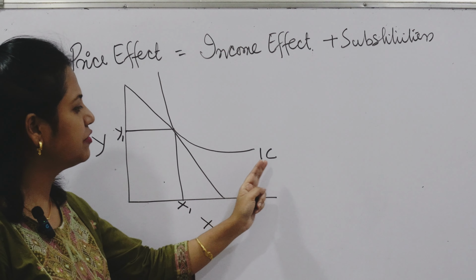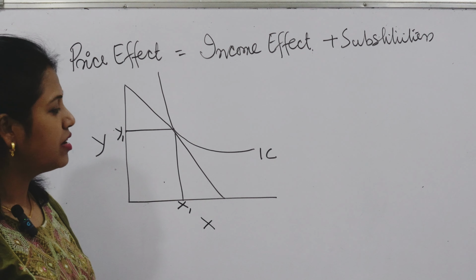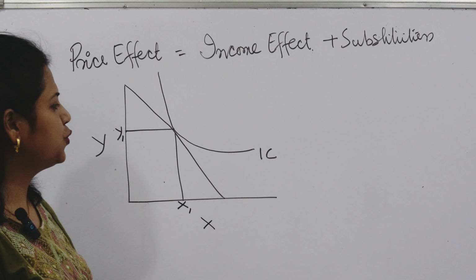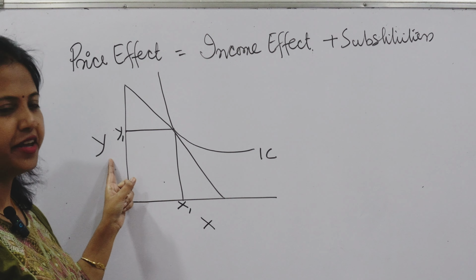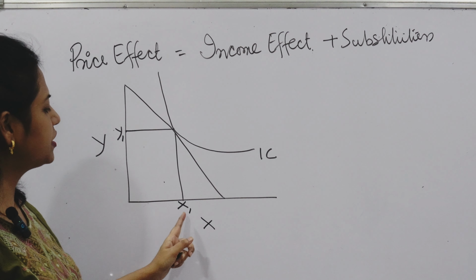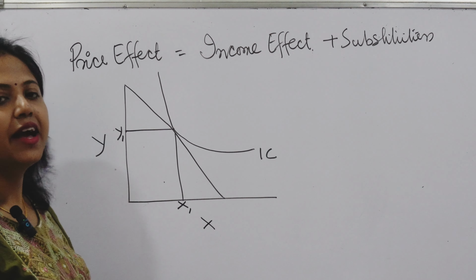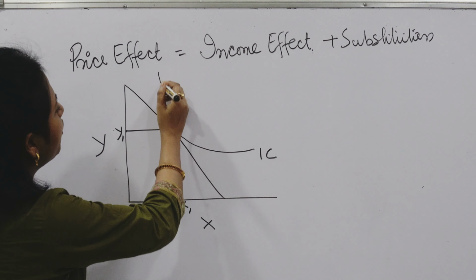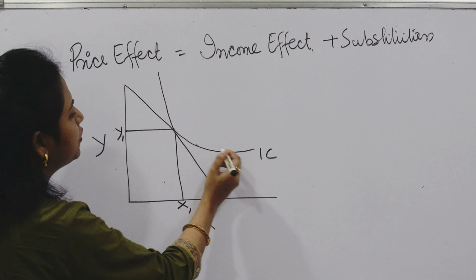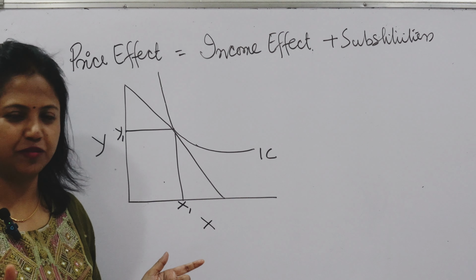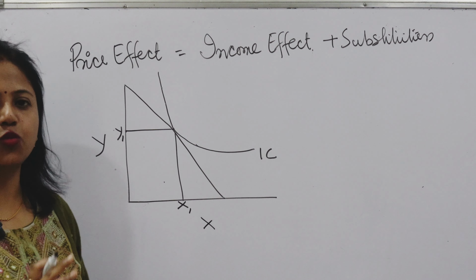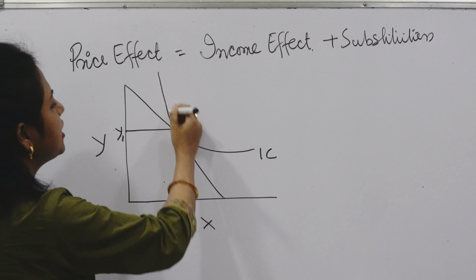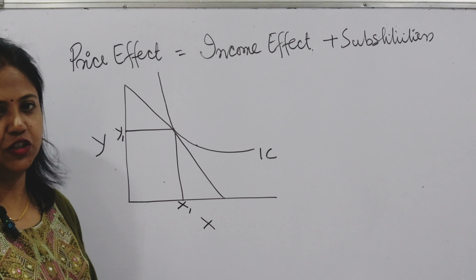An indifference curve tells you that you are consuming two commodities X and Y, and any point on this curve will give you the same satisfaction. That means you choose any combination of X and Y, you will get the same amount of satisfaction.